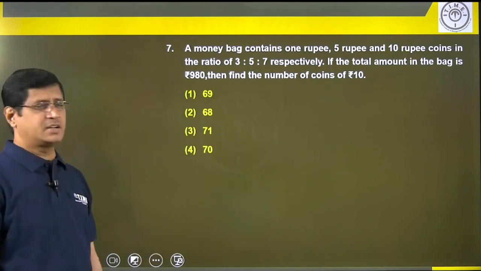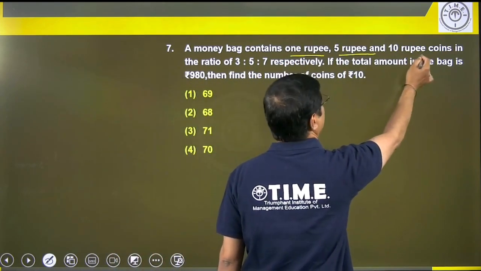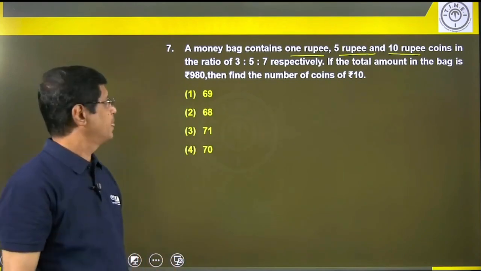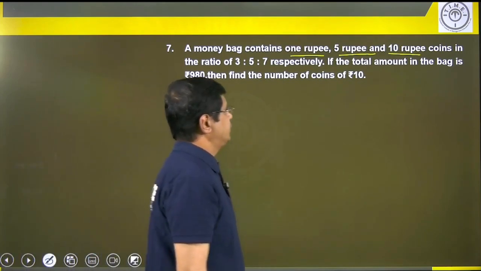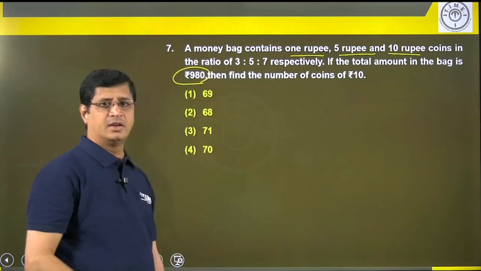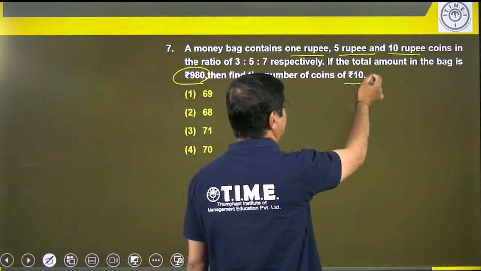A money bag contains 1 rupee, 5 rupee and 10 rupee coins in the ratio 3:5:7 respectively. If the total amount in the bag is rupees 980, then find the number of coins of rupee 10.